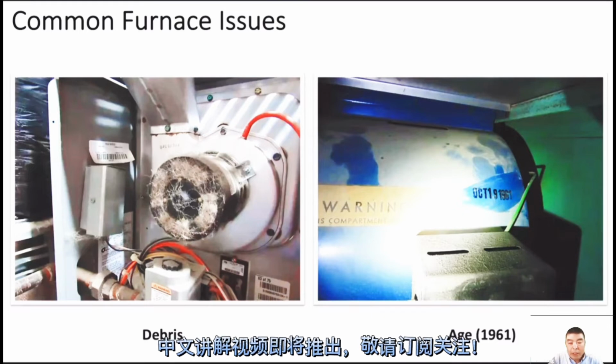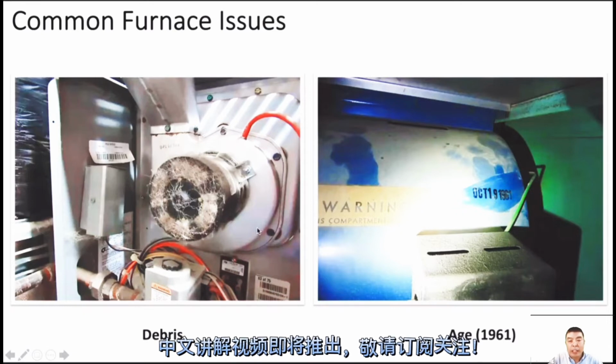Most furnaces are designed with a lifespan of about 20 to 25 years. Older furnaces may last longer, because the heat exchanger is cast iron.